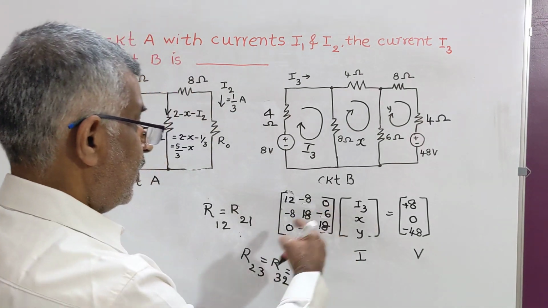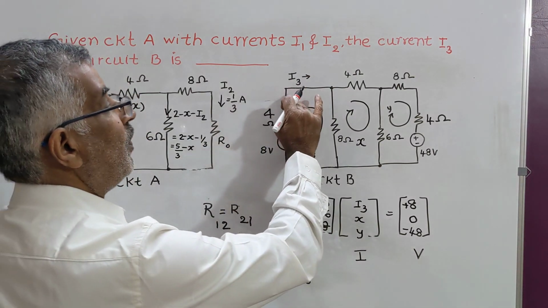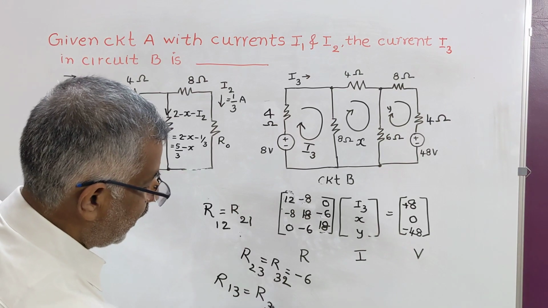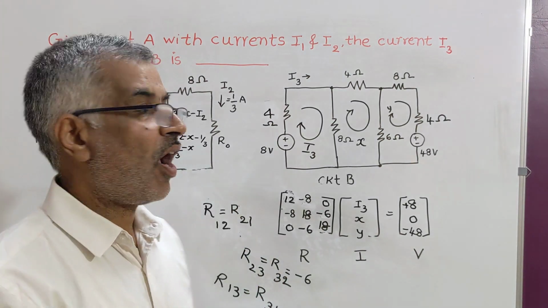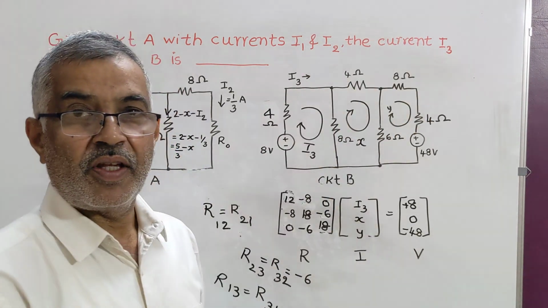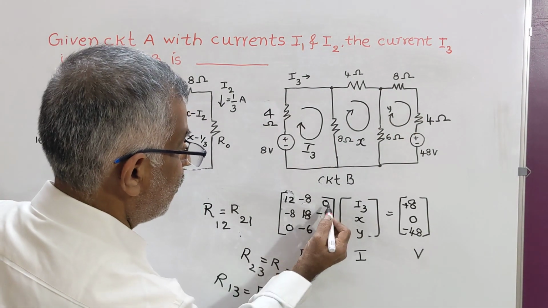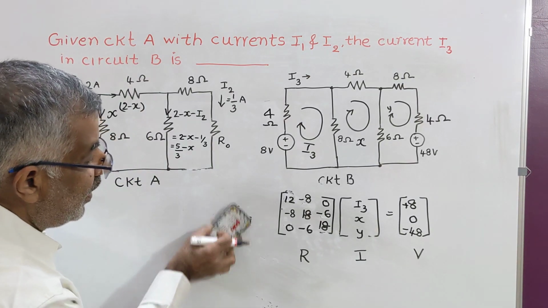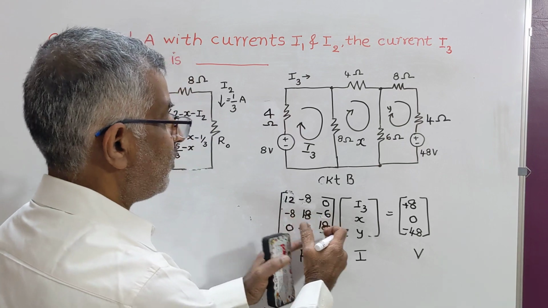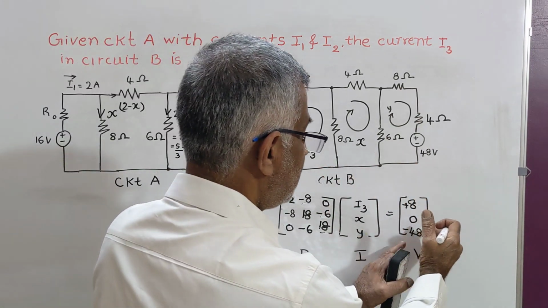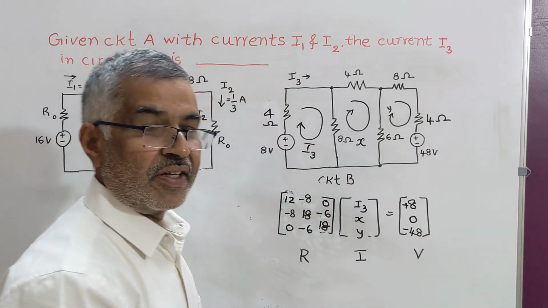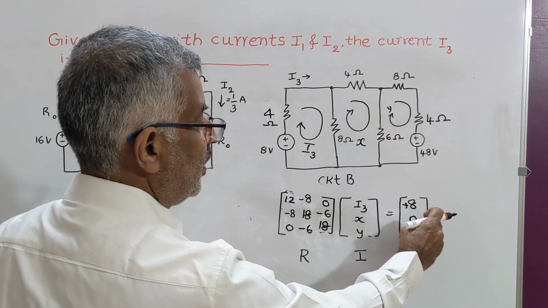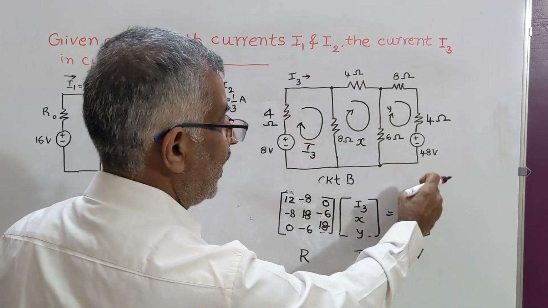Now next, coming to mesh 1 and mesh 3, that is R13 equal to R31. There is no resistance common to mesh 1 and mesh 3. Therefore, it is 0, 0. So having completed the matrix, this is the resistance matrix, this is the current matrix, and this is the voltage matrix, and I have already explained how to take the numbers with plus sign or minus sign.